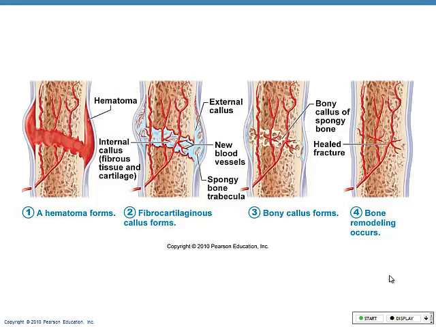You're going to make extra material when you form your bony callus, and then your osteoclasts are going to hone it down. So at the end, your bone's going to heal by bone remodeling, and you're all set. So, know the steps of healing in bone fracture, figure 6.15.